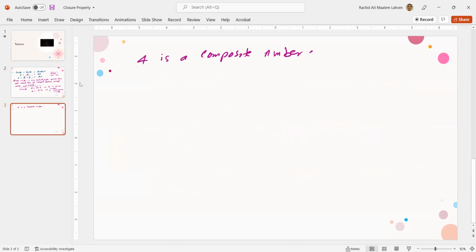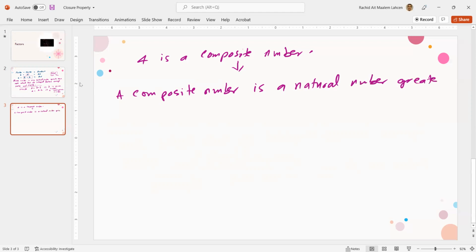Or we can go ahead and say a composite number is a natural number greater than 1, which is not a prime number.